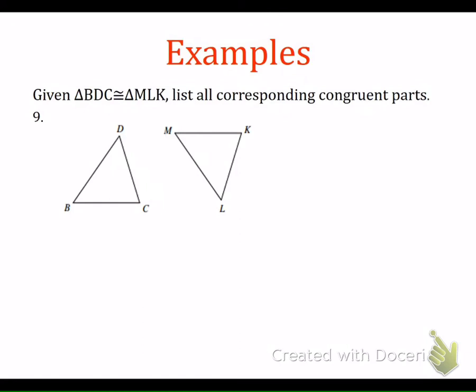M. B and M. So, I'm going to mark them in the same way. At the same time, I'm actually going to list those out. Then which ones? L and D, because they're both second spot, right? So D has to be congruent to L.